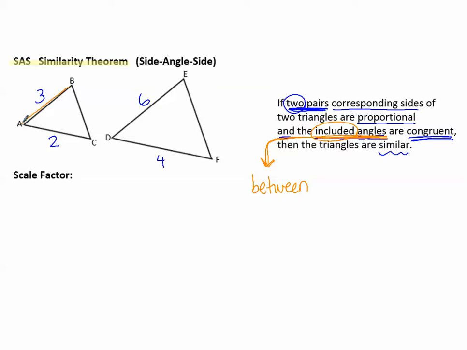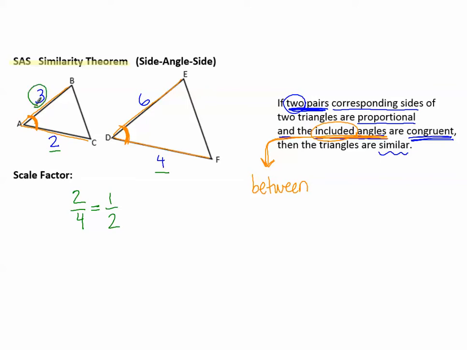So if these are the two sides, they both touch at A. A would be the congruent angle to the one where these two sides touch. They touch at D. So angle A is congruent to angle D. Now we just check that the sides are proportional. So I've got the little side with the little side, 2 over 4. That reduces to 1/2.